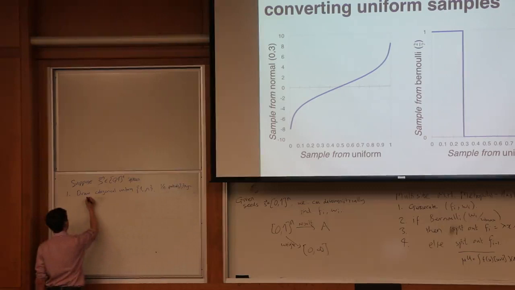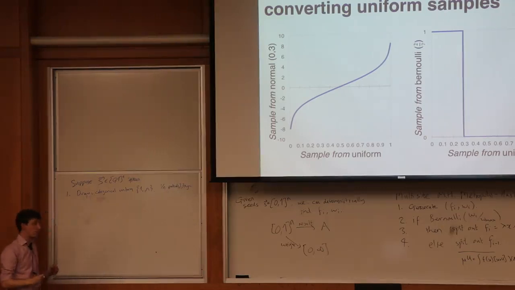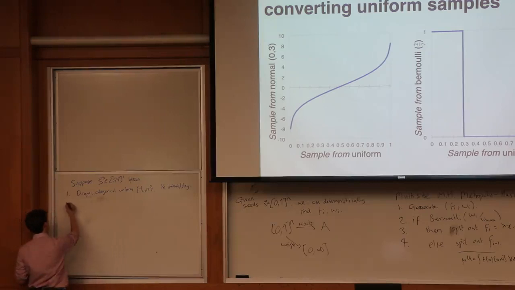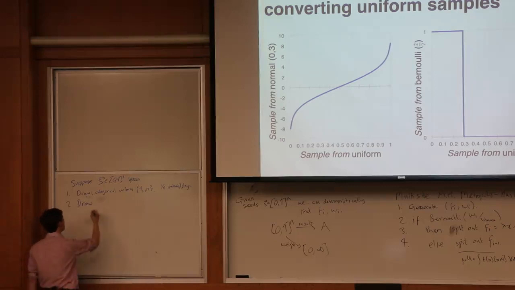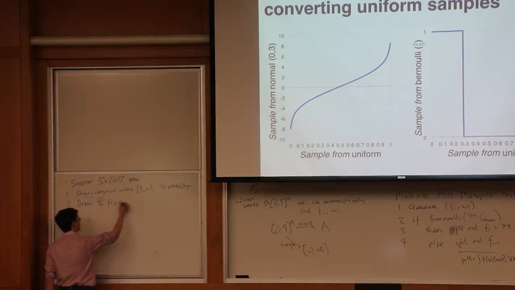So we draw, let's say, I. That tells us which card we're going to switch. And now we make the switch. We draw a new card, and all our draws are now from the prior, according to our simplifying observation. So we draw SI from the uniform distribution on the unit interval.